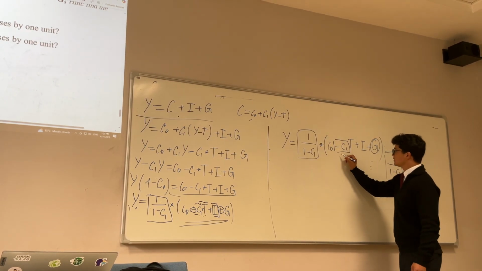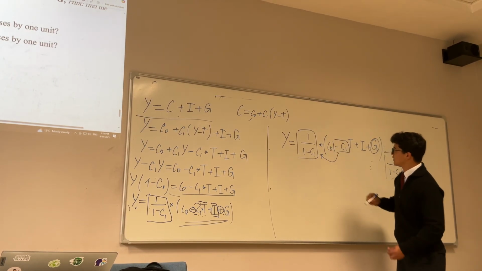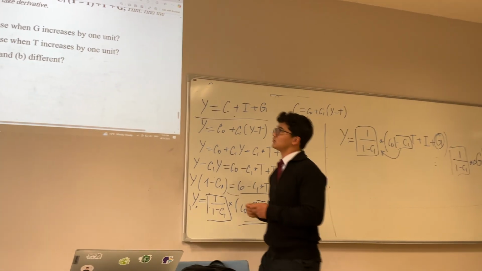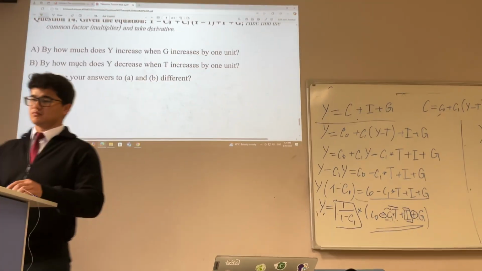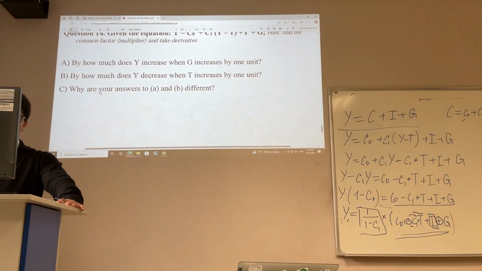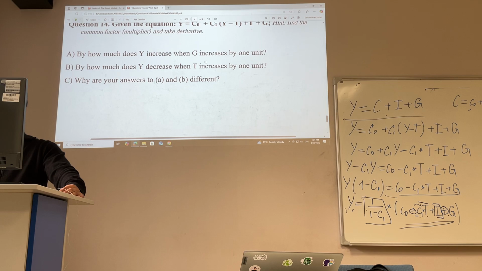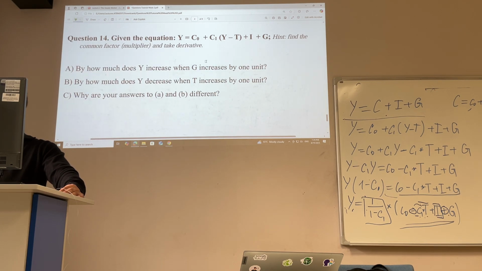Again, it's 1 unit, so you multiply by this, and then you will get the change. And why are your answers A and B different? Because of the slope that we have.